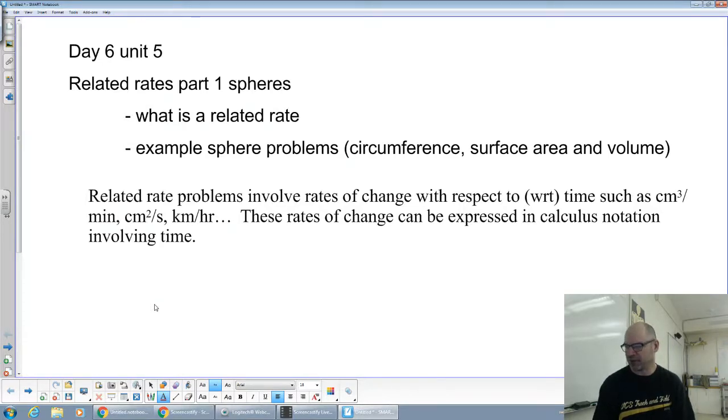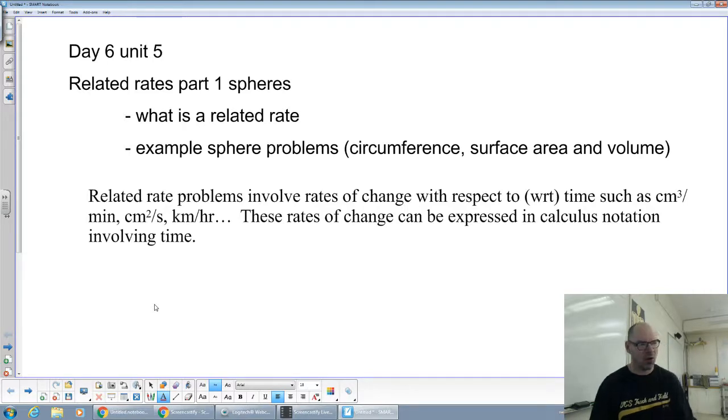These rates of change can be expressed in calculus notation. So that's the way I'm going to start, is I'm going to give you how we express a related rate. Of course, I'm going to have to use the marker because it's going to be as a derivative type expression. So remember when we were talking about derivatives, they represent a slope on a curve.